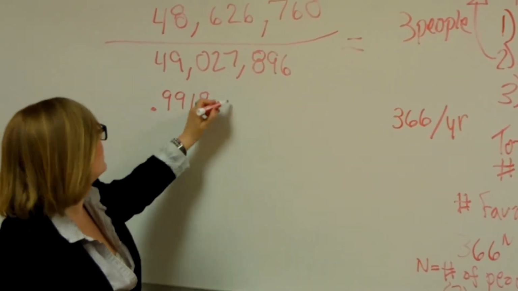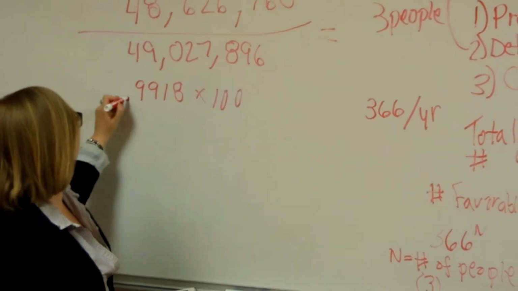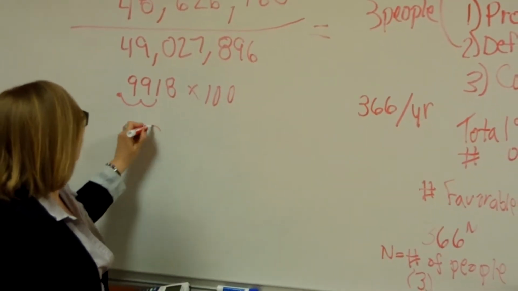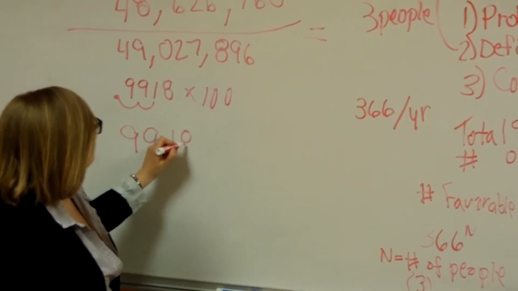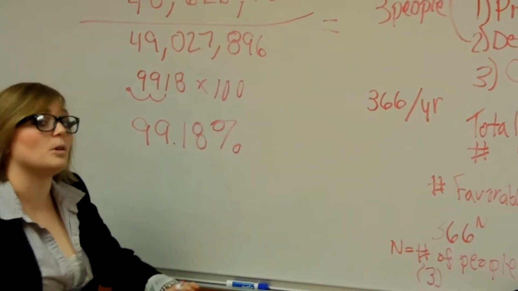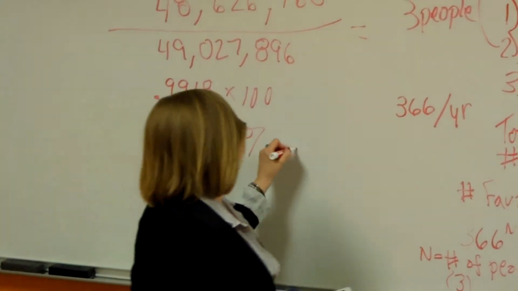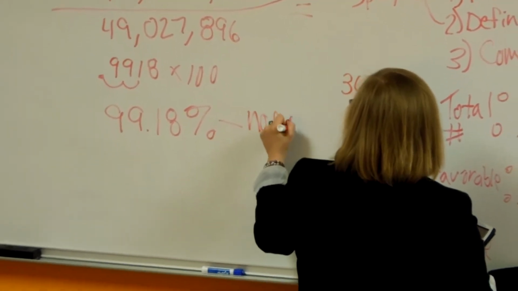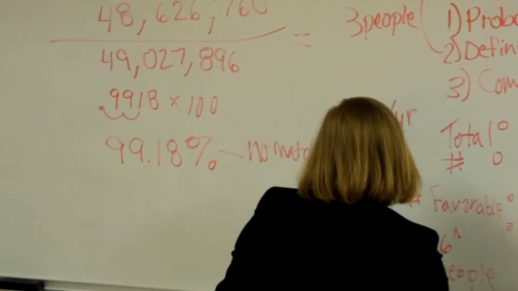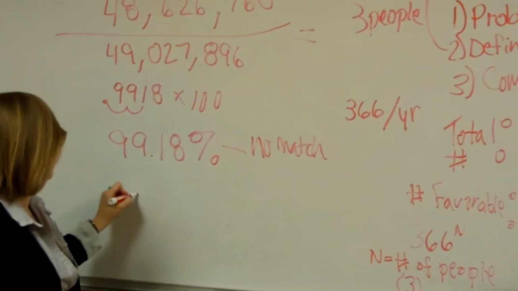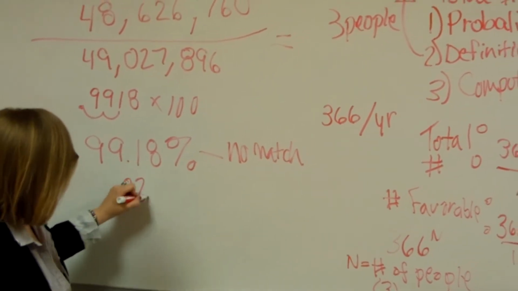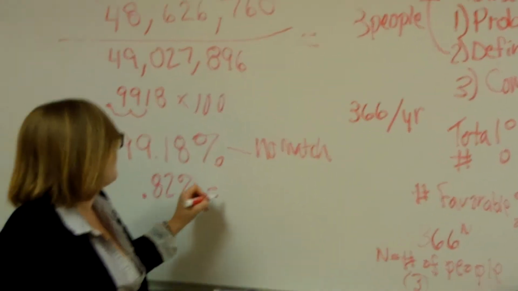To make this a percent, we either multiply it by 100 or, as you know, you move the decimal over. So that's a 99.18% chance that we will not have a birthday match. So no match. Okay, and then we know that the likelihood of having a match is 0.82%.